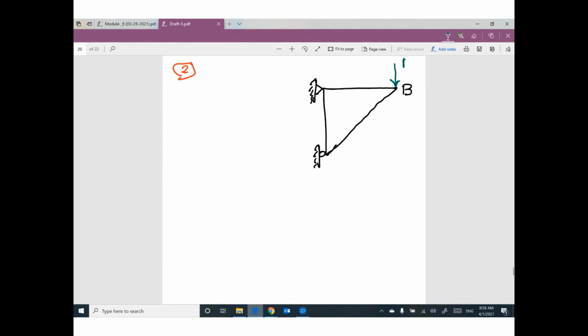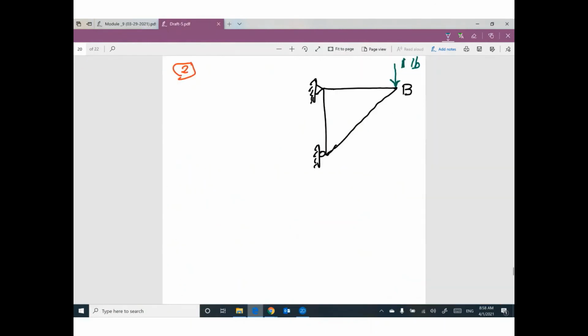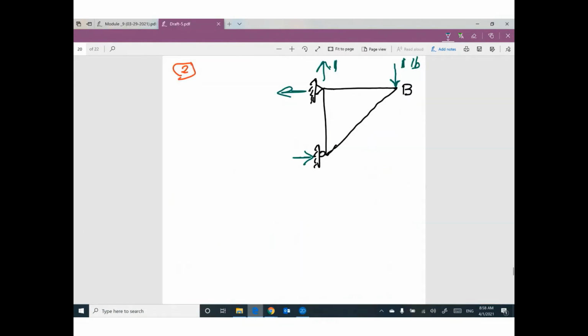Please go ahead and solve the truss one more time. The unit load 1 will be inbound, pointing downward. We have 2 reactions there. I think this reaction will be 1.33, and this reaction 1.33.